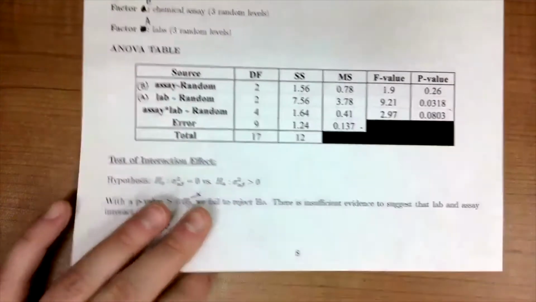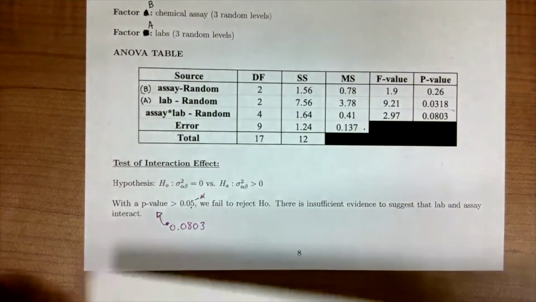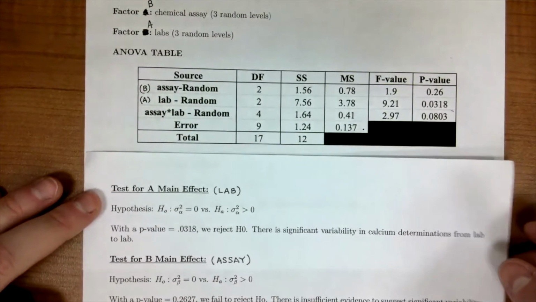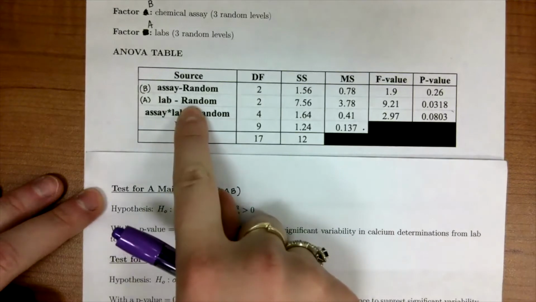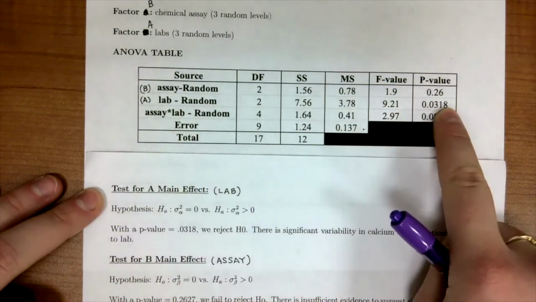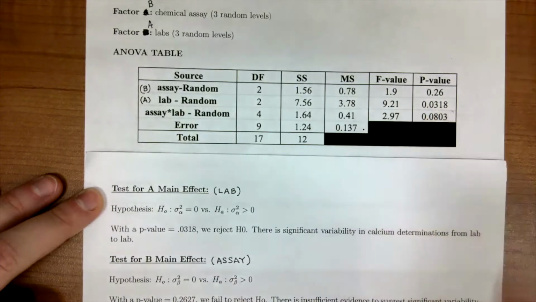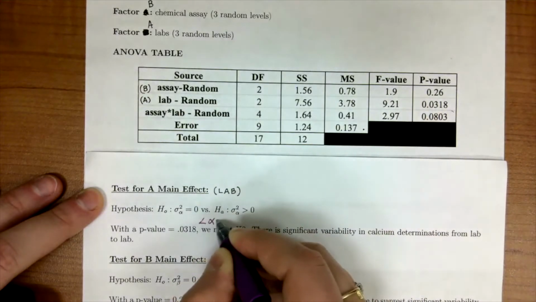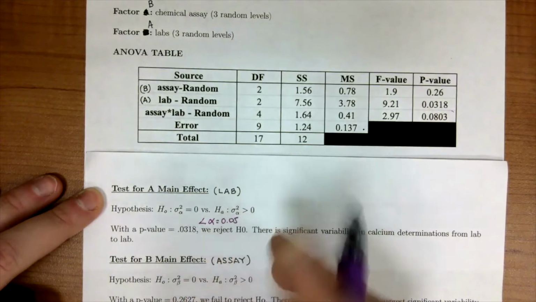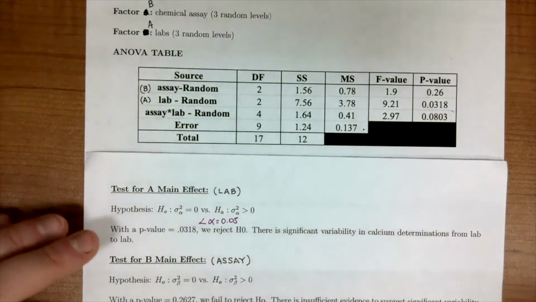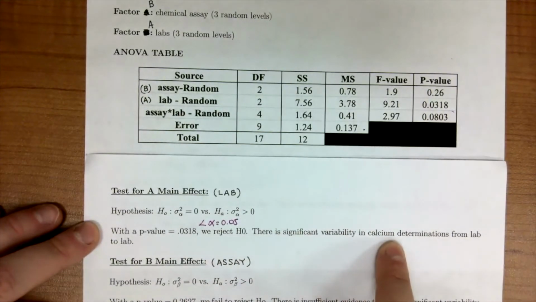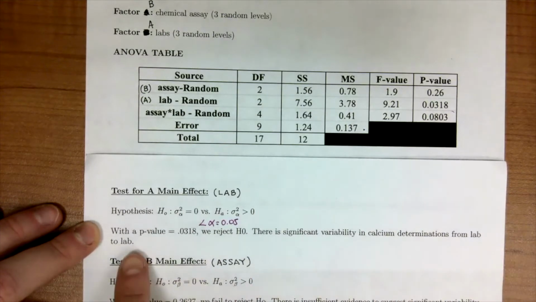We can then move down to testing our main effects for our lab. We'll see that we have a p-value of 0.0318, which would be less than our alpha of 0.05. So we'll reject, and there is significant variability in the calcium between labs.